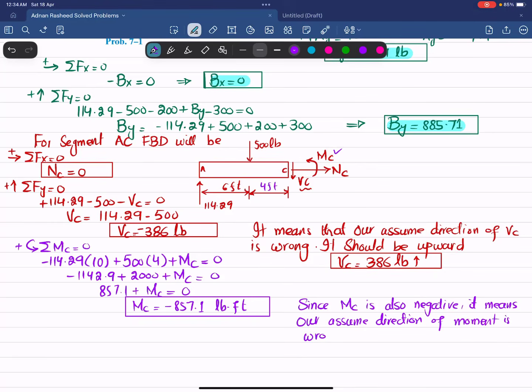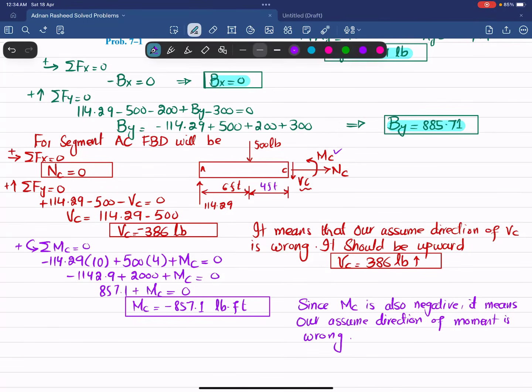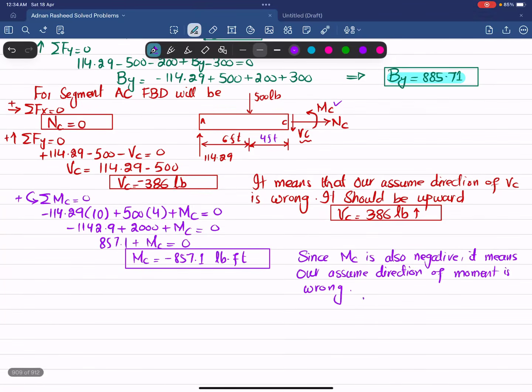It should be clockwise. Clear? So MC will be equal to 857 pounds-feet, rounded off, and that will be clockwise. So this is the internal moment at point C.